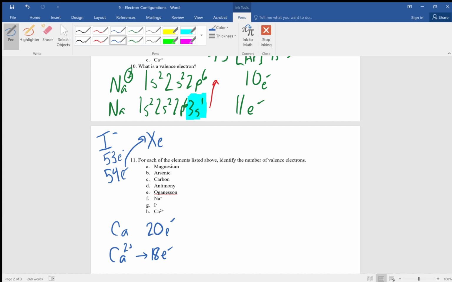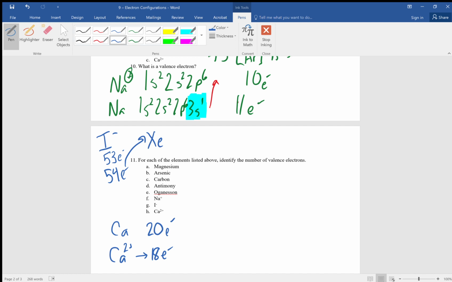So the last thing we want to do here is identify the number of valence electrons in each of these elements. And if you'll look carefully, you'll see that most of these are the same ones that we just did the configurations for. So to remind ourselves, what is a valence electron? Again, a valence electron is one of the electrons in the outermost shell.